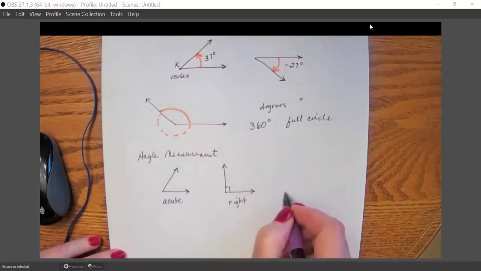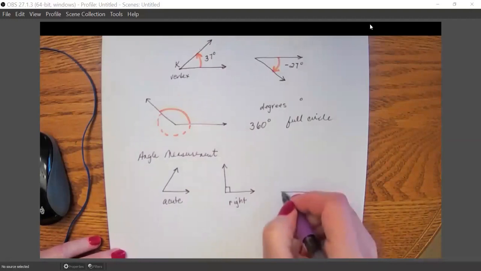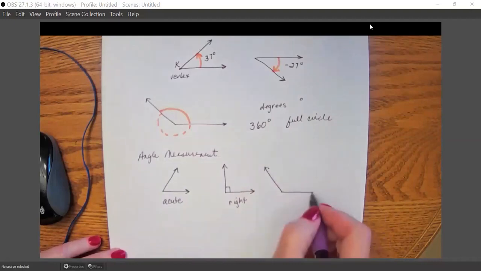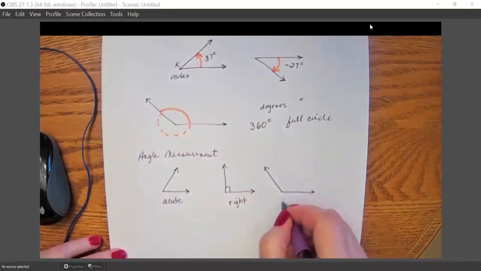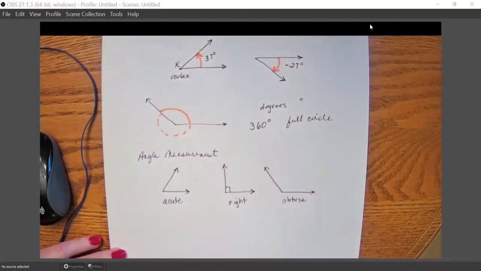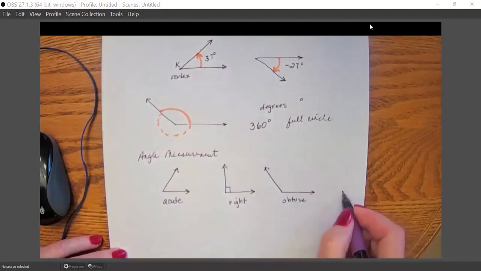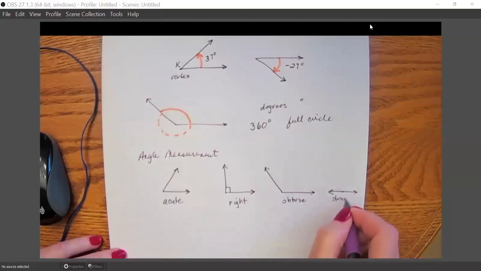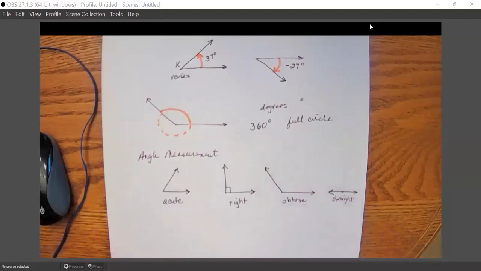An angle that is larger than 90 degrees but less than 180, we would call an obtuse angle. And then an angle that has a vertex here that goes in exact opposite directions, this measurement here would be 180 degrees. That is called a straight angle.